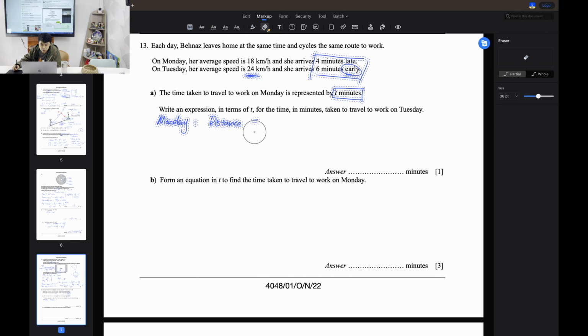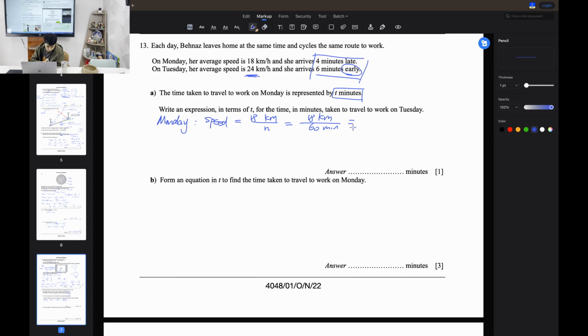Before distance, we get the speed. We have to write the speed 18 kilometers per hour into 18 kilometers per 60 minutes.